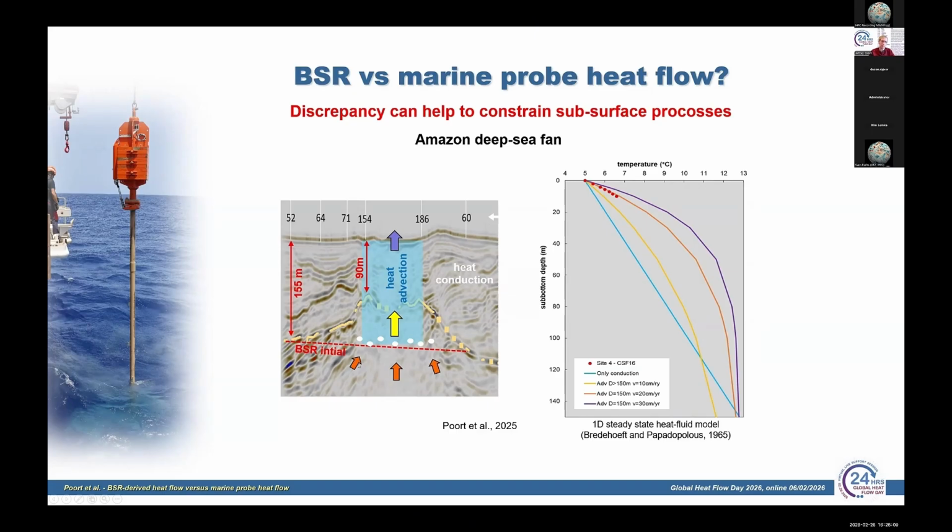So one interpretation could be that the BSR has been dissociating by warm fluids, and that then this warm fluid at certain moments escapes to the seafloor and gives these nonlinear profiles.